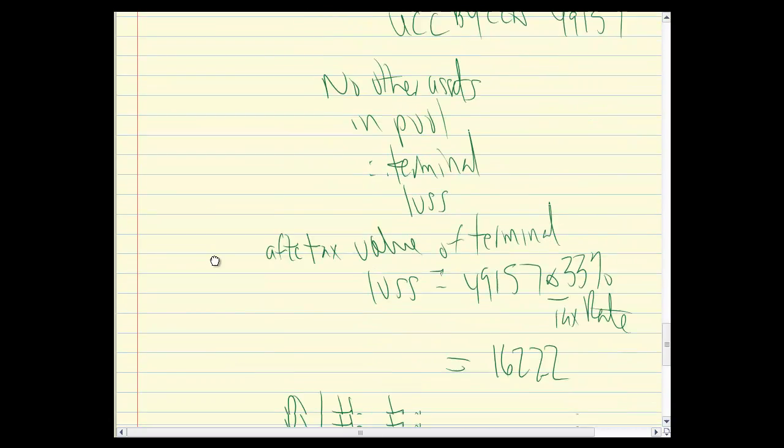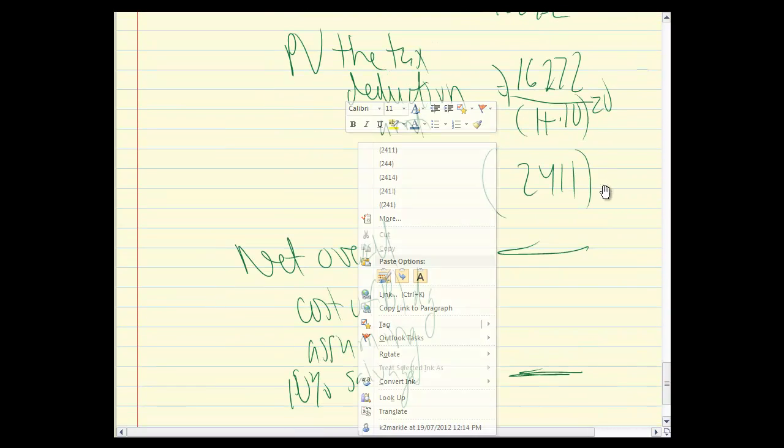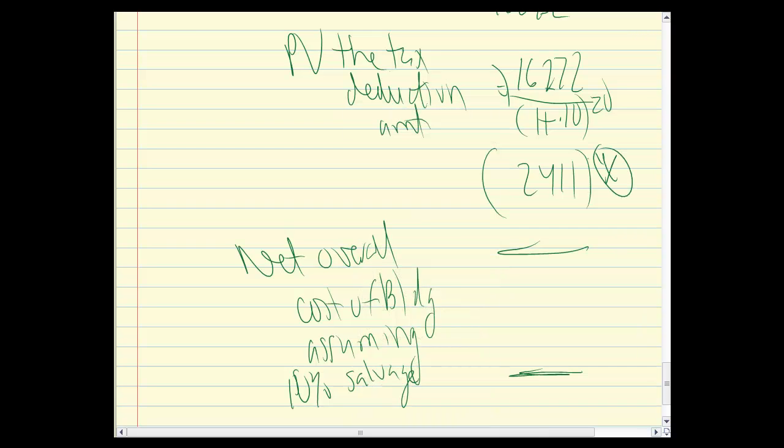And then the last one is the present value of the tax terminal loss. So the sum of those numbers, does anybody have it? I'm hoping it comes up to somewhere around 218. Is that about right?